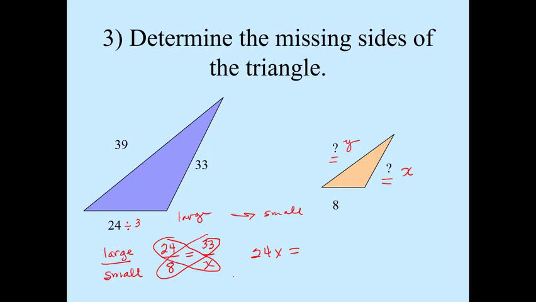And then pop this in your calculator. 33 times 8 is 264. And then divide by 24, divide by 24. And guys, pop that in. Tell me what you get. All right.